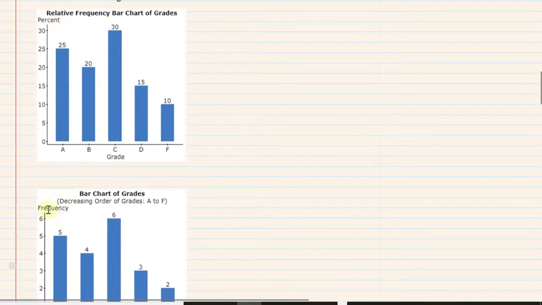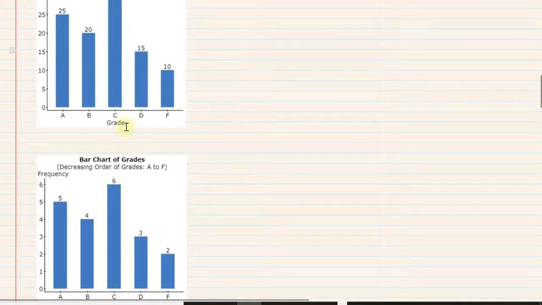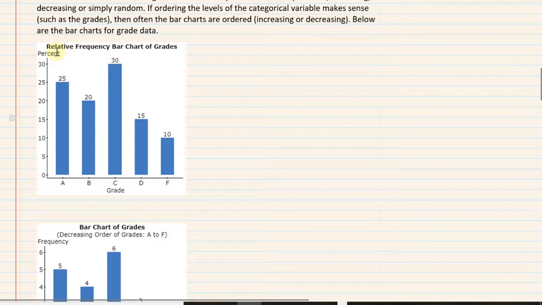It's just counts, 5, 4, 6, 3, 2, as opposed to percents. But look at the shape of these, by the way, folks. Look at the shape of these two. They are identical. So it makes no difference whether you use a frequency bar chart or a relative frequency bar chart. We tend to go with relative frequencies.